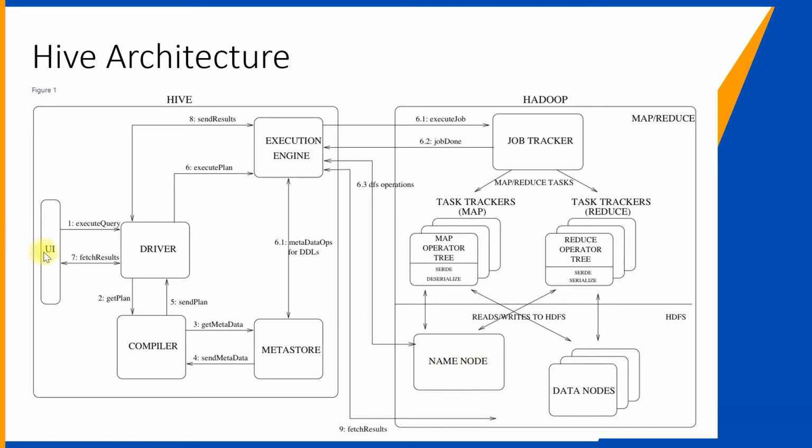So what happens when you, let's say, write select star from a table? The control is passed to the driver, it goes to the compiler, gets all the schema details from the metastore, and sends that plan to the execution engine. So that way the execution engine will communicate with the tracker to get all the data from the data nodes, right?